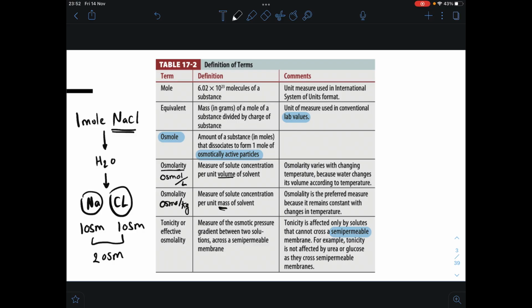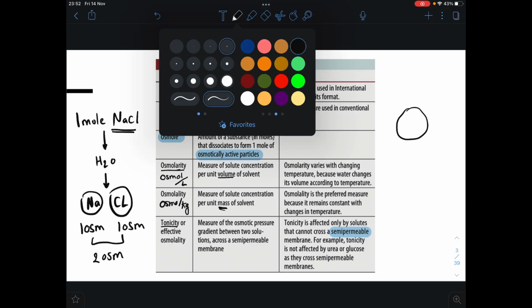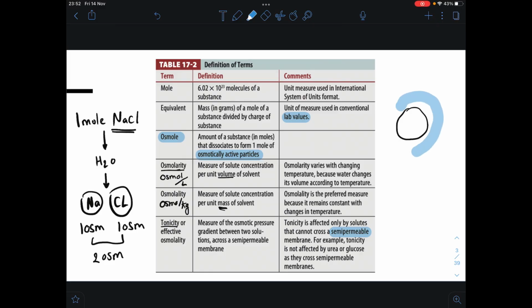The idea is that there are several solutions that have something called tonicity. When we're talking about more than one solution, for example in the case of the human body, you have cells swimming in interstitial fluid and there's intracellular fluid.